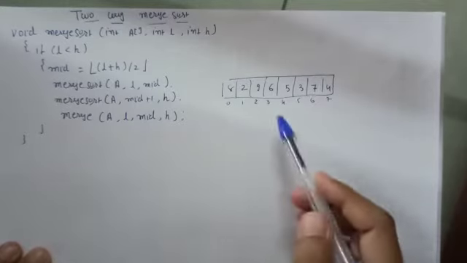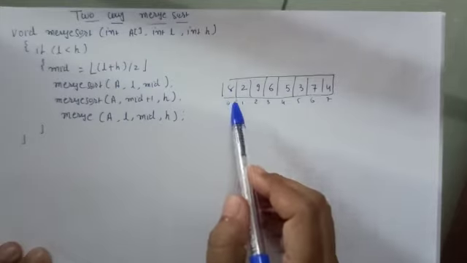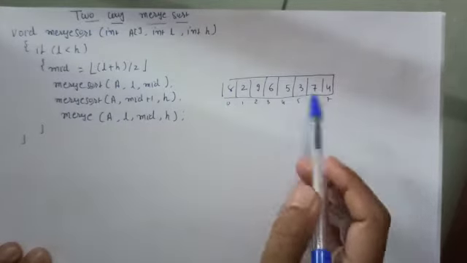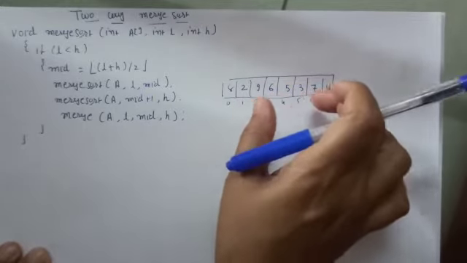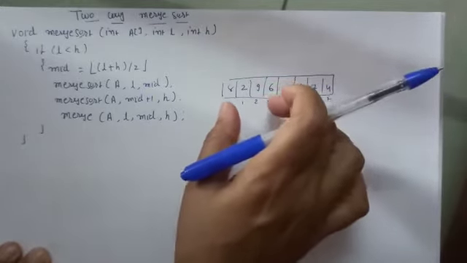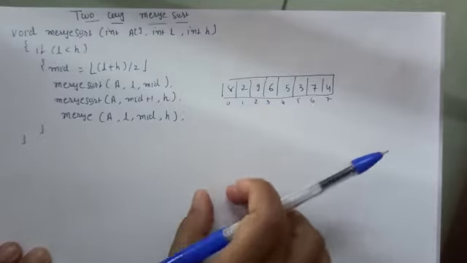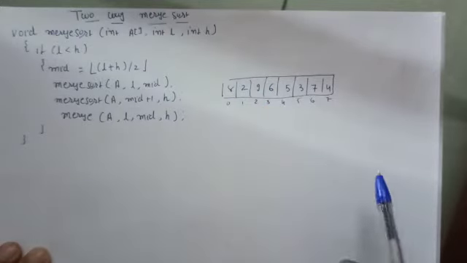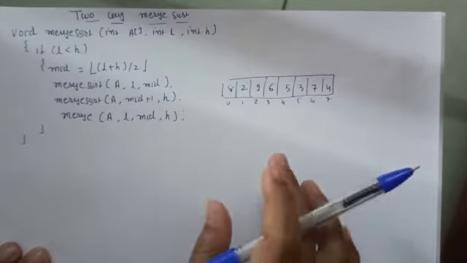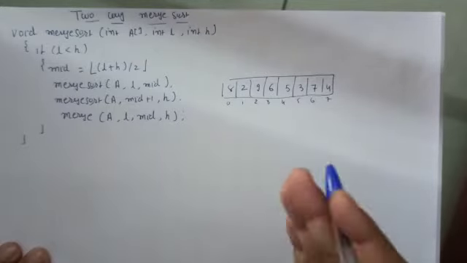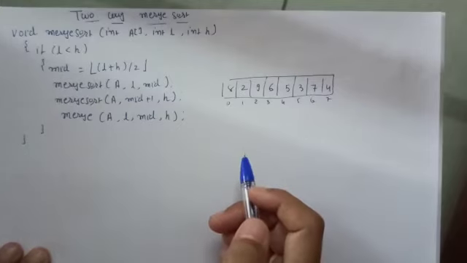Whenever I trace this, it will be clear to you. So merge sort will recursively divide this array in half, again into two elements, again into one element. One element is already sorted, then those single elements would be merged together. This is the divide and conquer approach.